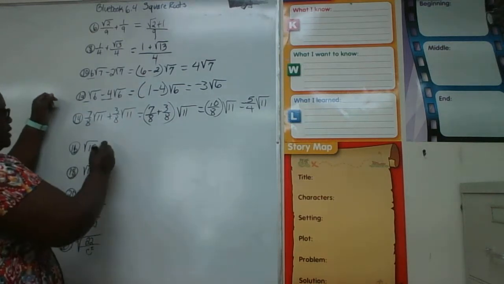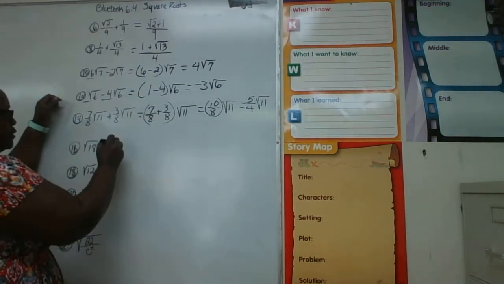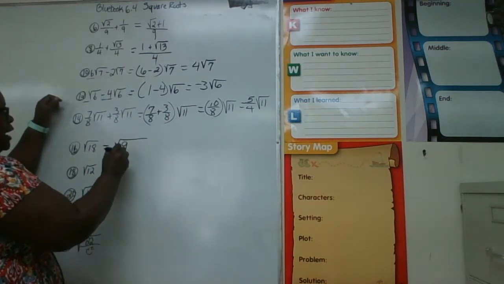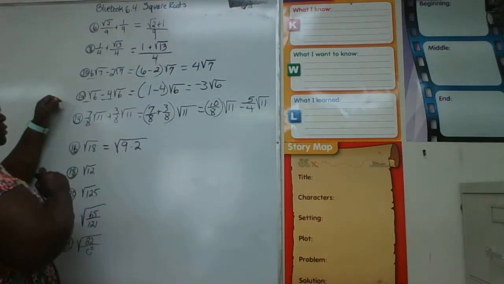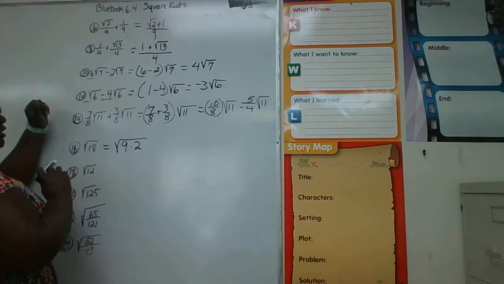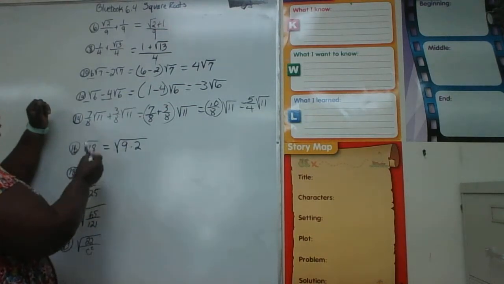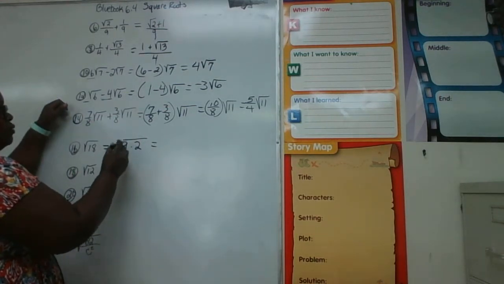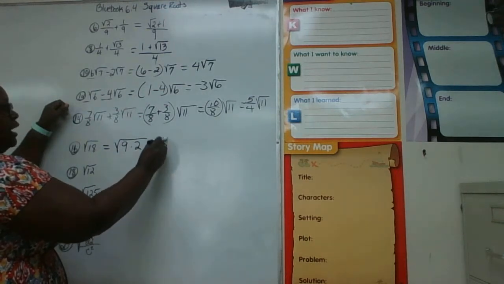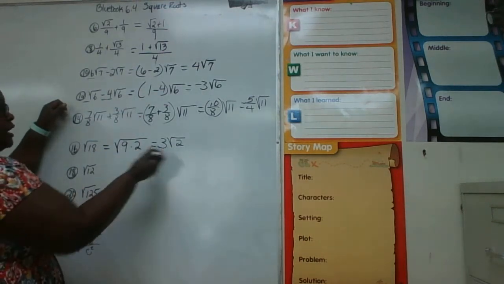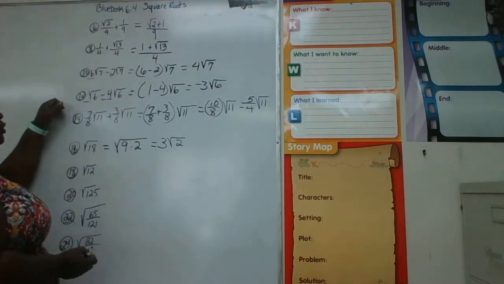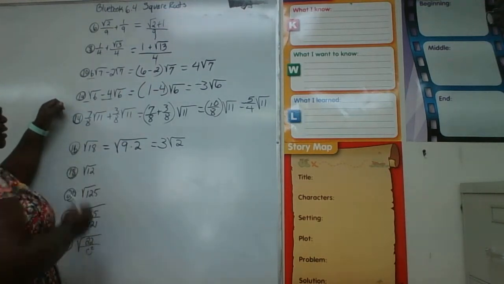Here we have 18, so therefore we can use 9, which is a perfect square, times 2. 9 times 2 is 18, so we have not changed the value, but we can pull out the square root of 9, which is 3, and we're left with the square root of 2. So it would be 3 times the square root of 2, which will simplify this radical.